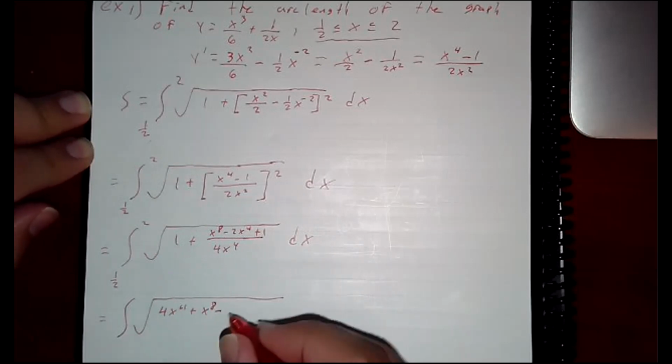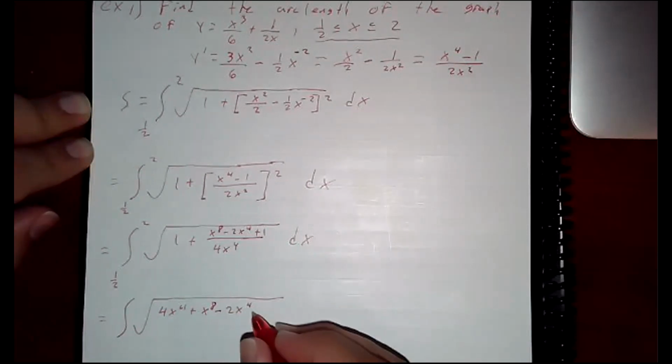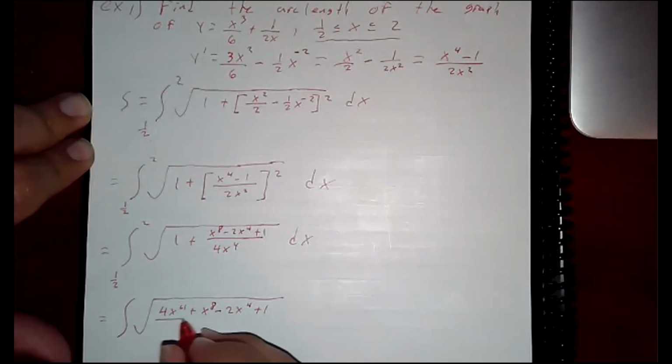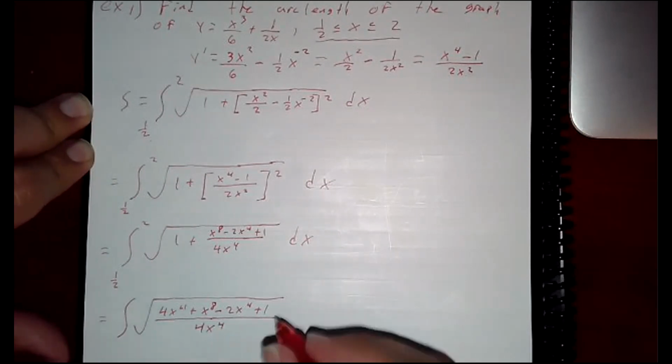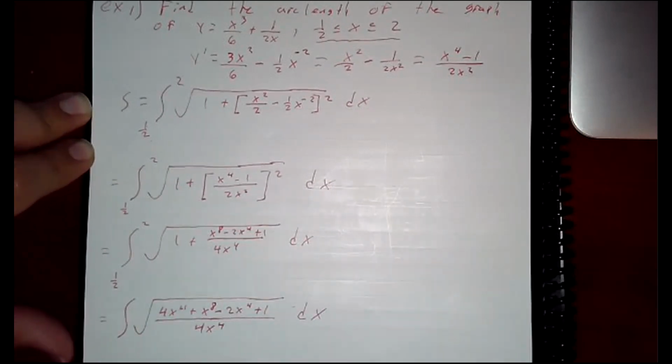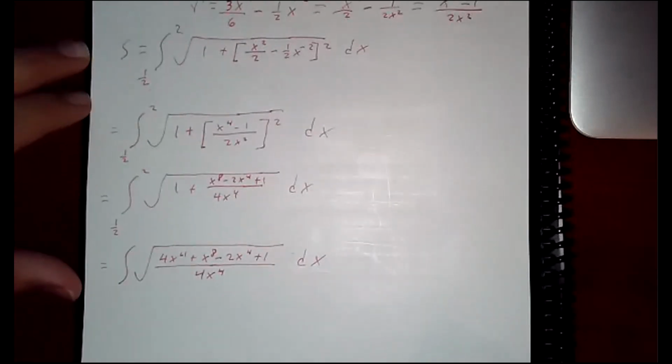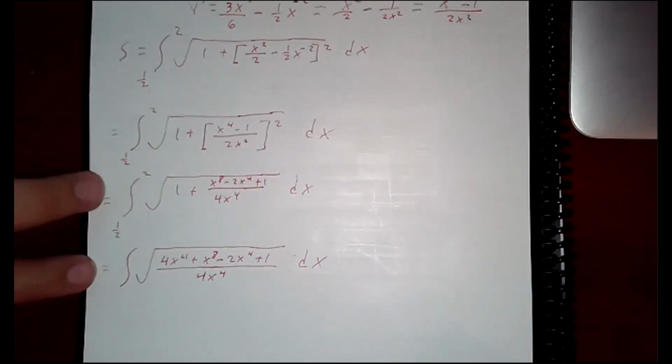Let me know if me skipping the algebra steps bothers you, or if you don't see how it happens. You have to see how we got from here to here.